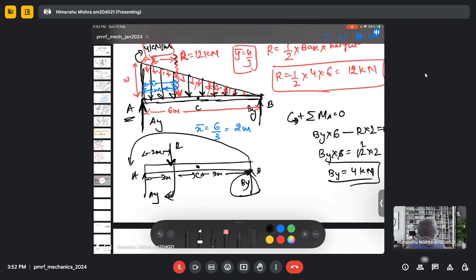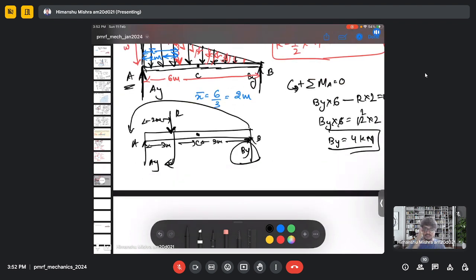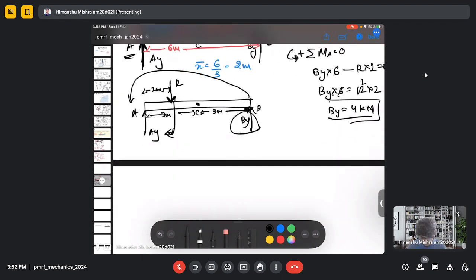So now in order to find the force at location C, let's split the beam.